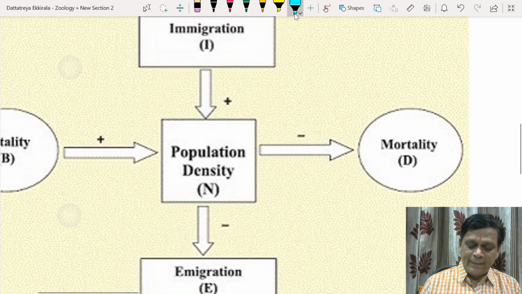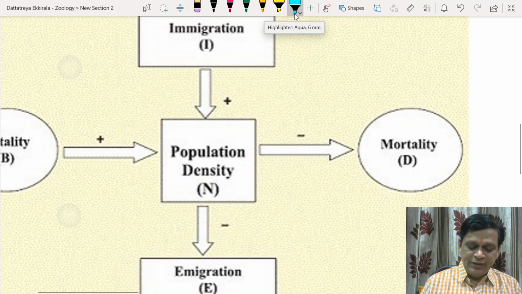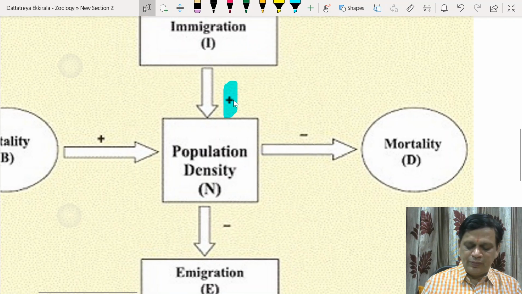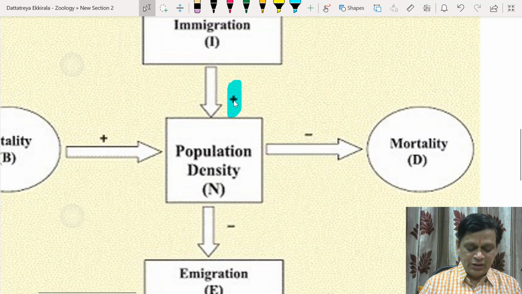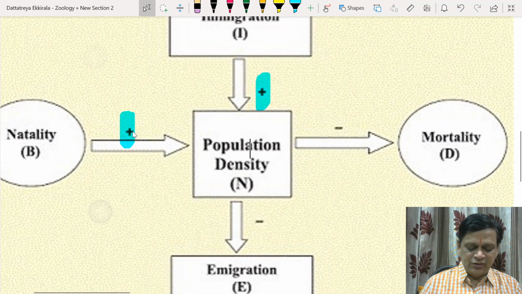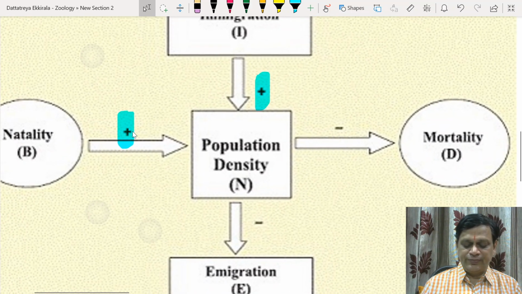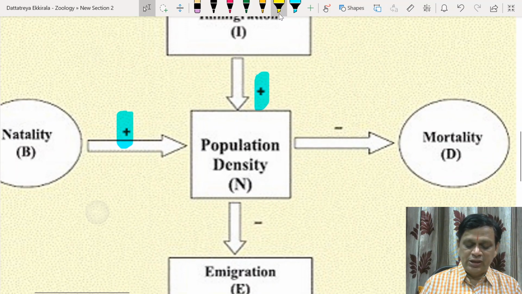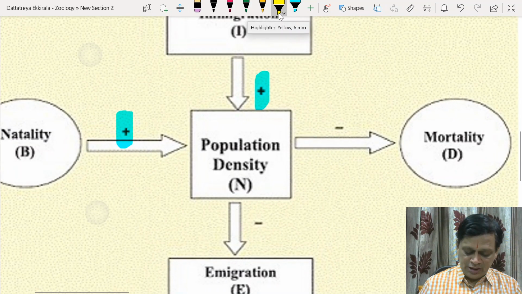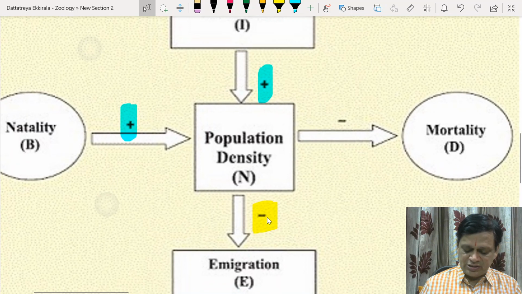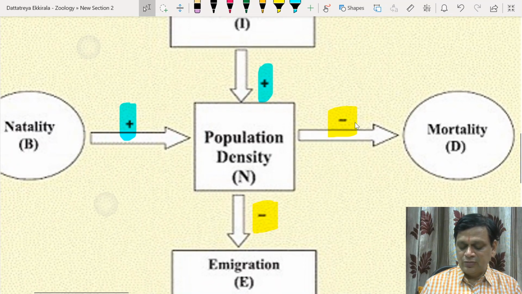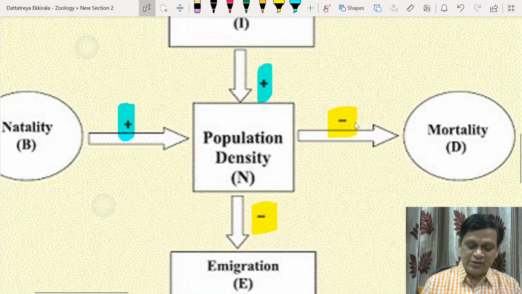So here immigration is increasing the population, plus natality is also increasing the population. These two are increasing the population. Then emigration is negatively influencing, mortality is negatively influencing.